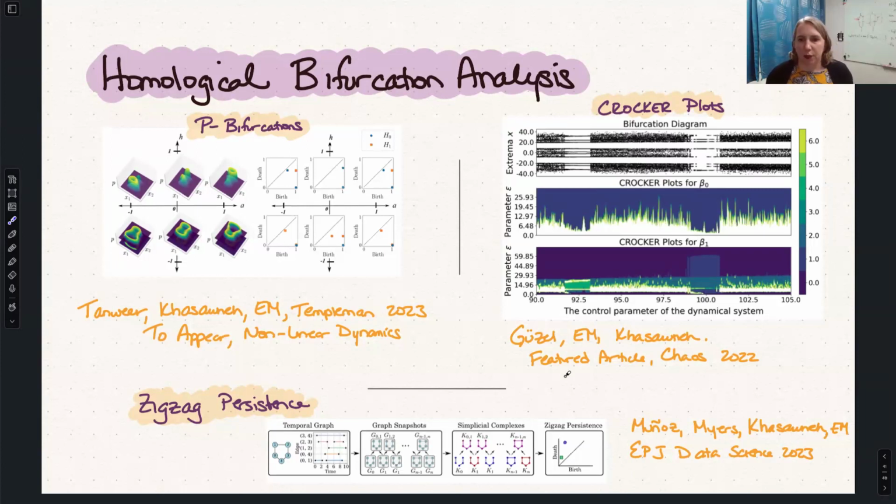All the stuff that I talked about with the Crocker plots is in that chaos paper, which I believe was posted as of maybe yesterday or the day before. We also have some other variations of this: different kinds of bifurcations, different variations of persistence, and what sorts of things you can see in these systems.